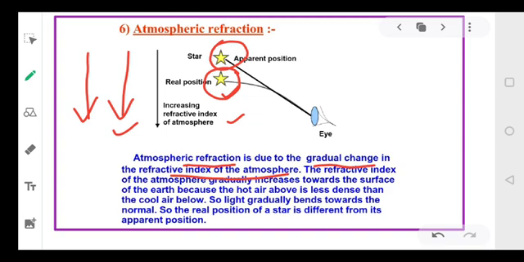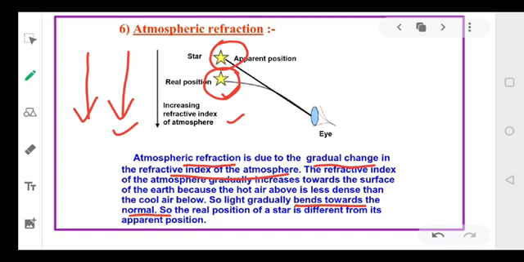That means continuously the speed of light will be gradually decreasing, and it is continuously bending towards the normal, right? Because when light moves from rarer into the denser medium, it bends towards the normal.